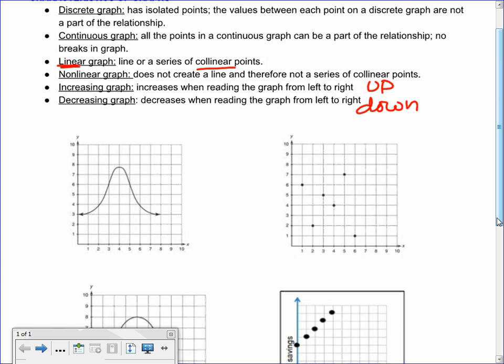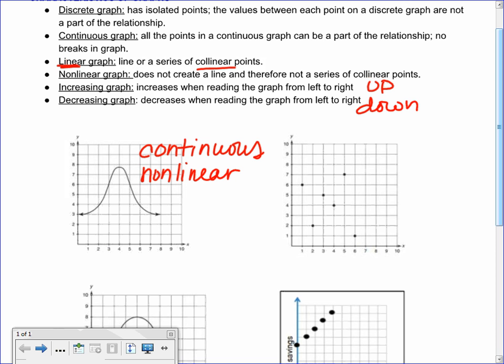So when I look at this first graph here, I notice that my points are connected. So that would be continuous. And it's not a straight line, it's got this curve. So it'd be nonlinear.